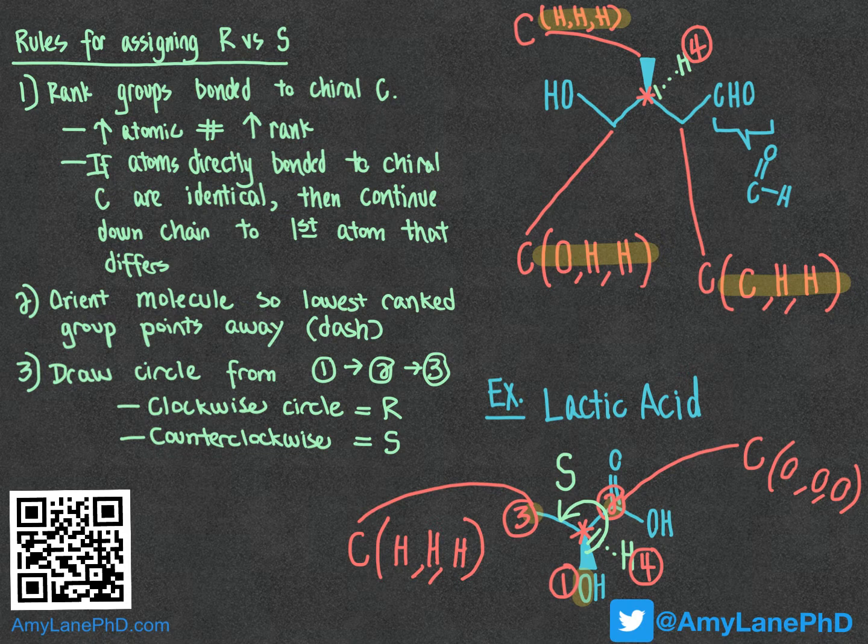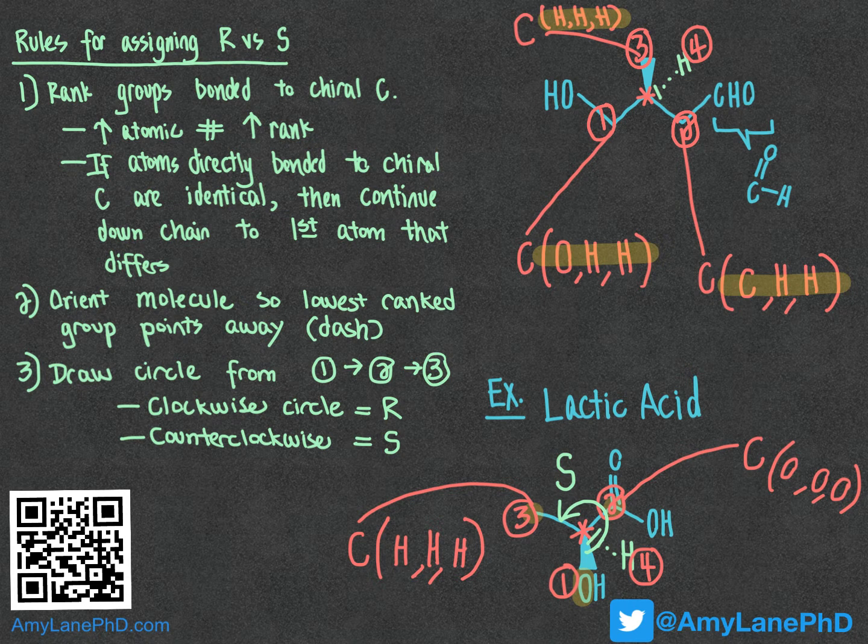We can plug in this as number 1, this as number 2, number 3 is our methyl group, and then to go about assigning this as R versus S, our lowest ranked group is indeed pointed away from us. So we are good to go on that aspect of things.